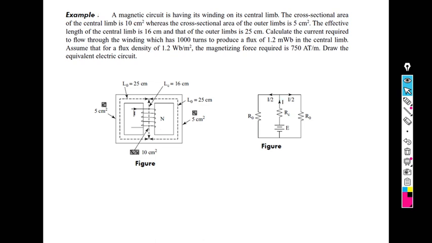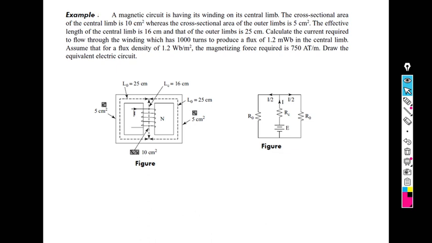So, I can represent this central limb as RC, and both reluctances are same. So, I can represent both paths as R0, and here also R0 outer limb resistance. So, this is the first task: if you get a magnetic circuit, first target is to convert it into an electrical circuit. If you can convert it, then you can easily find out what is our requirement.